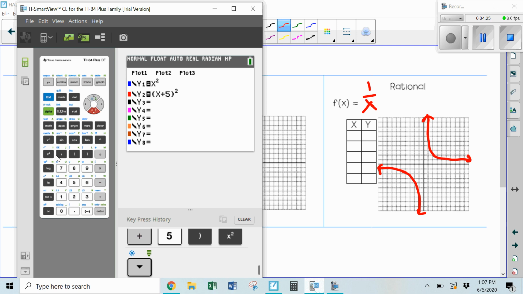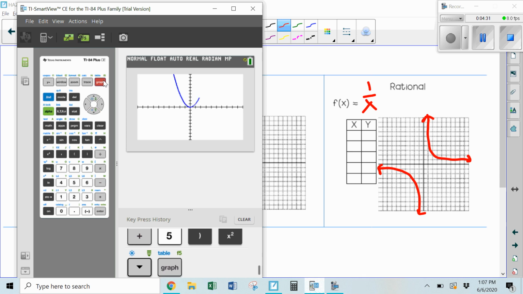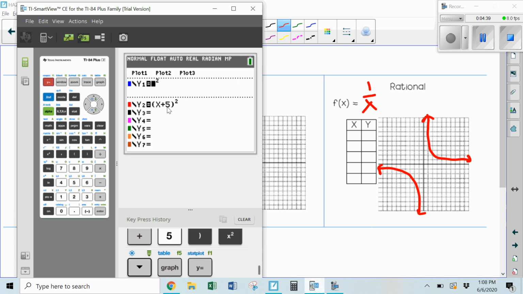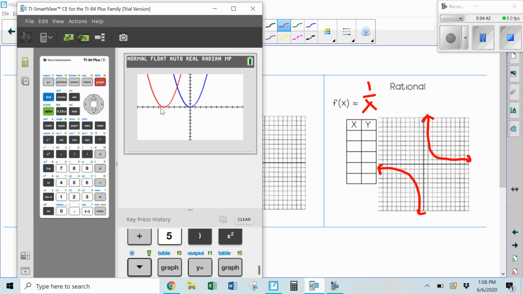Before the plus 5 was outside of the squared. Now it's inside the parentheses with the squared. Hit graph. I moved it 5 to the left. Now it's interesting that a plus sign moved it to the left. Remember, before the plus sign outside moved it up, which is pretty typical. Minus moved it down. But here it's the opposite of what you think might happen.